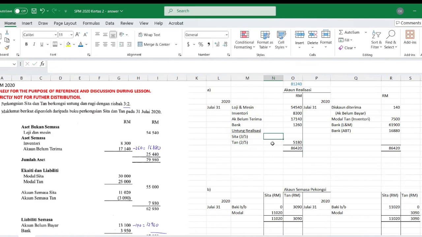So following this ratio, modal Sita will receive an amount of 5180 times 3/5. We receive an amount of 3108. Modal Tan will get 2 out of 5.